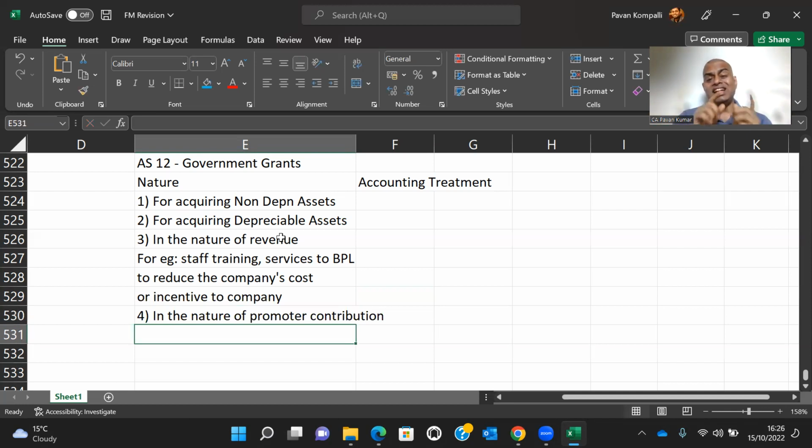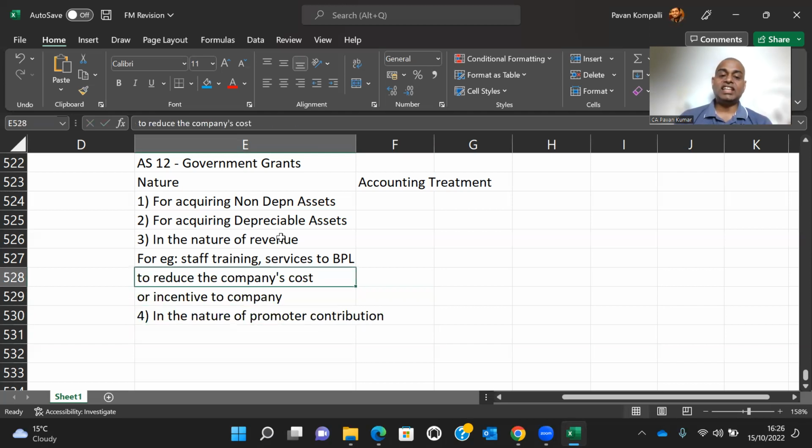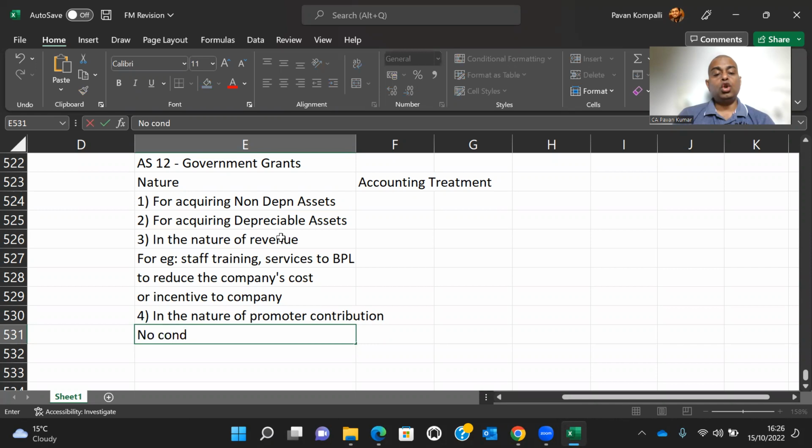What is this? In the nature of promoter contribution. That means no conditions attached. Here there is a condition. Here there is a condition. Here there is a condition. Here no conditions attached. So normally in case of 4, no condition plus no refund. This is not returnable grant.